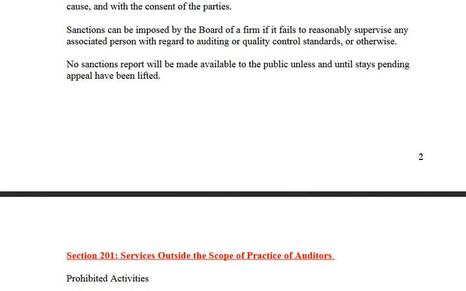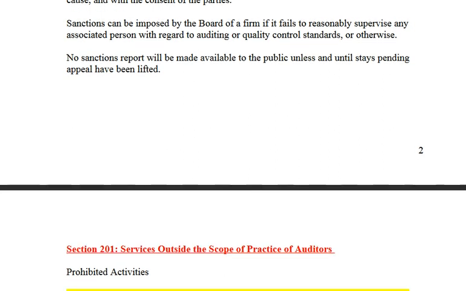Sanctions can be imposed by the board on the firm if it fails to reasonably supervise any associated person with regard to auditing and/or quality control standards or otherwise. No sanction report will be made available to the public unless and until stays pending appeal have been lifted.